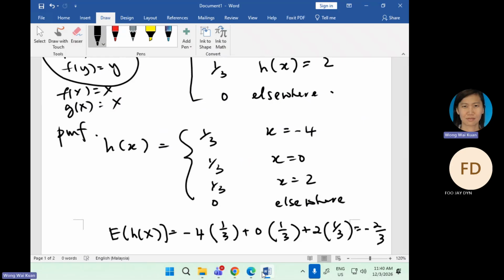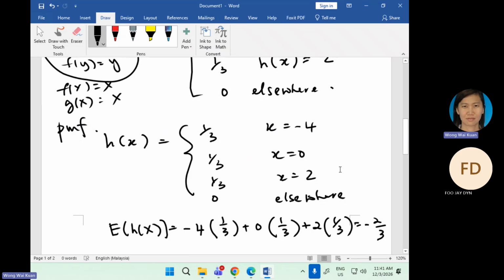After you look at these two answers, do you think there is any relationship with the E(X) or not? No. Okay? You can try.